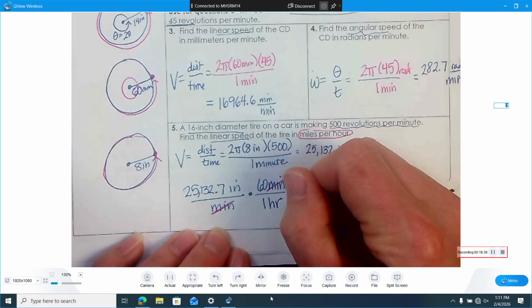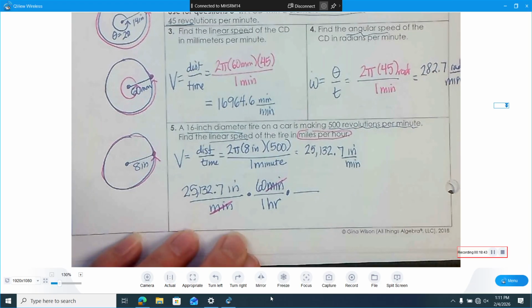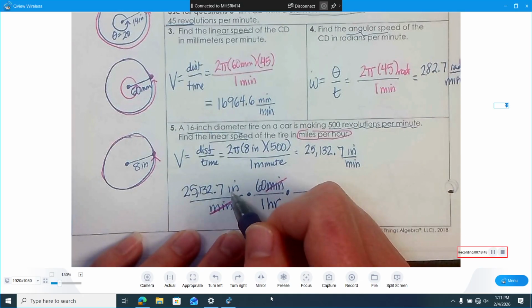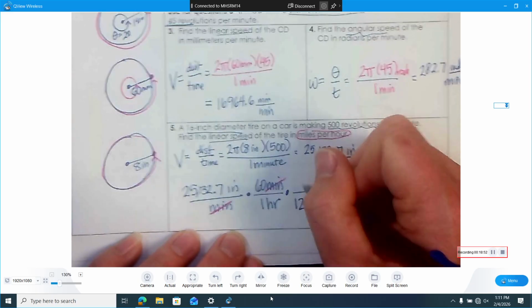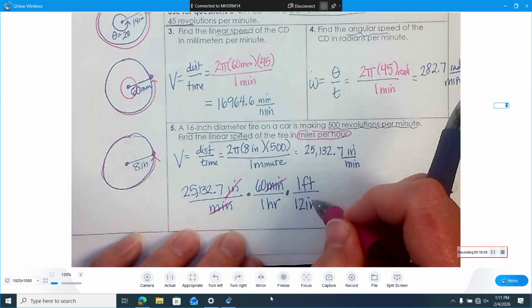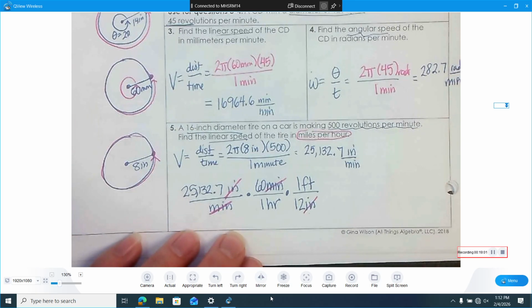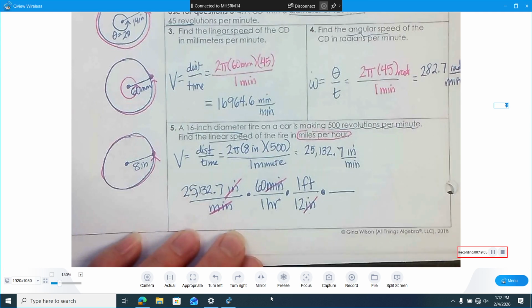That's good. What about inches? What do we know about inches? 1 foot is 12 inches. So I want inches on the bottom. 12 inches on the bottom is the same as 1 foot. Why did I put inches on the bottom? So they cancel out. Now I've got feet. I still am trying to get to miles, so I have to multiply again.